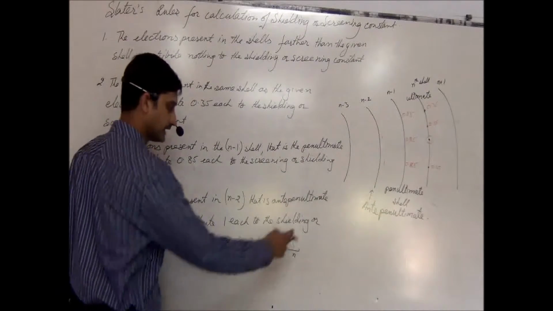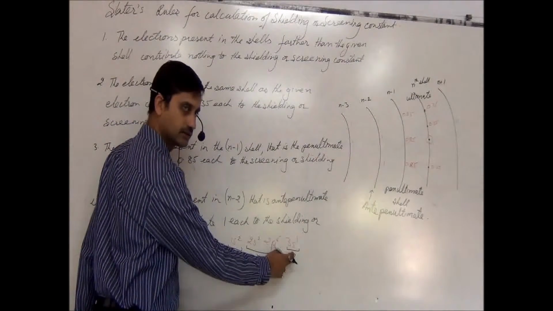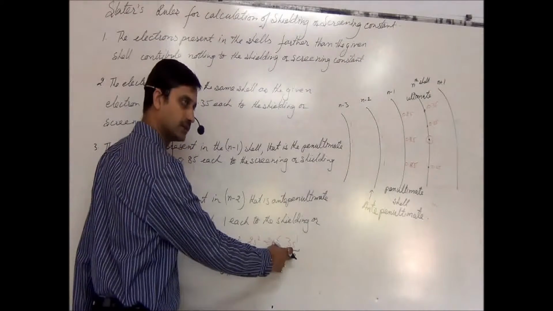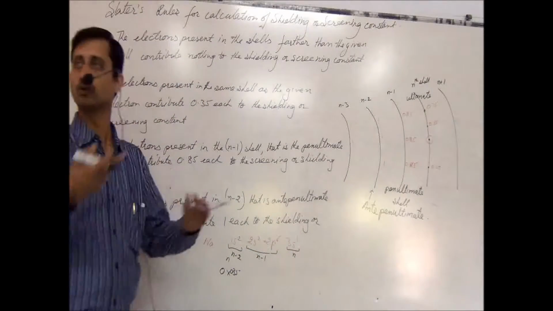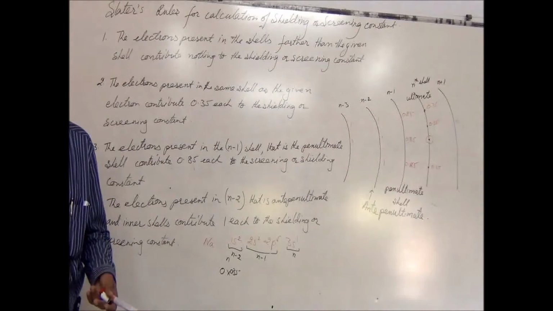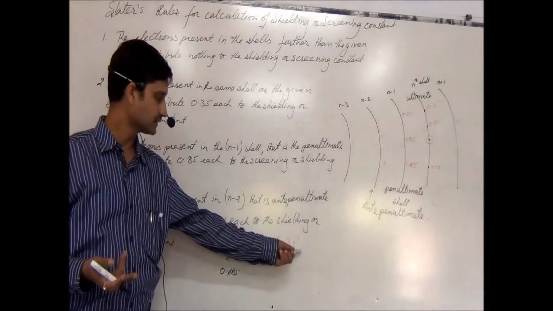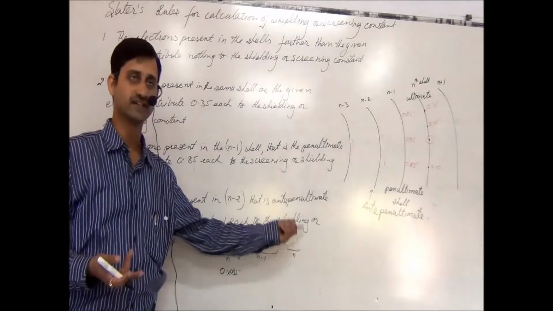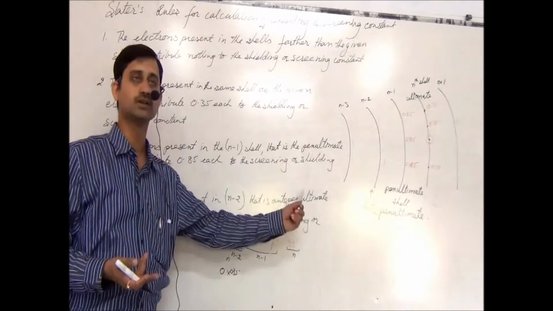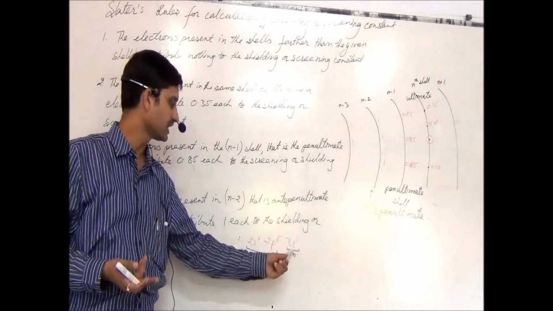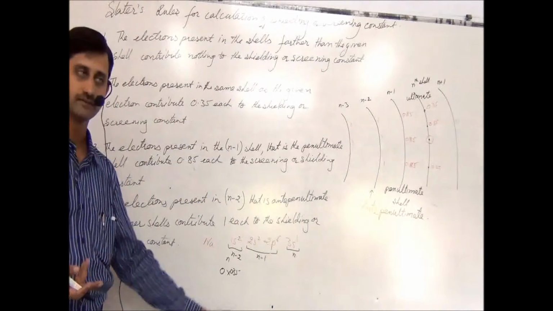Okay? In the nth shell there is no electron other than this one, and when I calculate the value on this electron, it is not going to repel itself. So this is going to have no effect on itself. Other than this, there are no electrons. So we are going to have just 0 into 0.35.